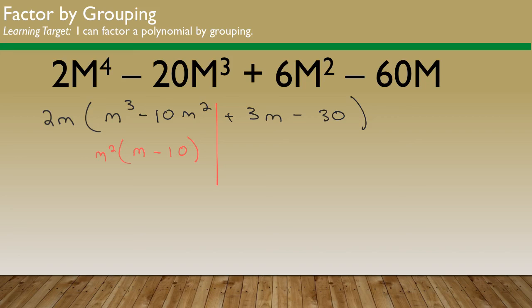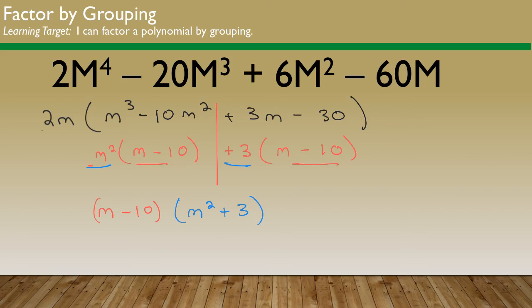Okay, the second group, we're going to bring out a positive 3. And again, we're left with m minus 10. So bring out the common factor of those two as m minus 10. Then m squared plus 3 is the other factor.